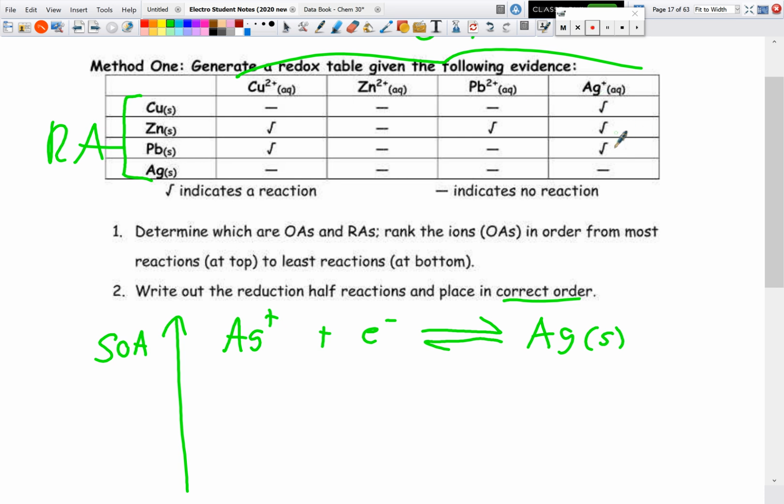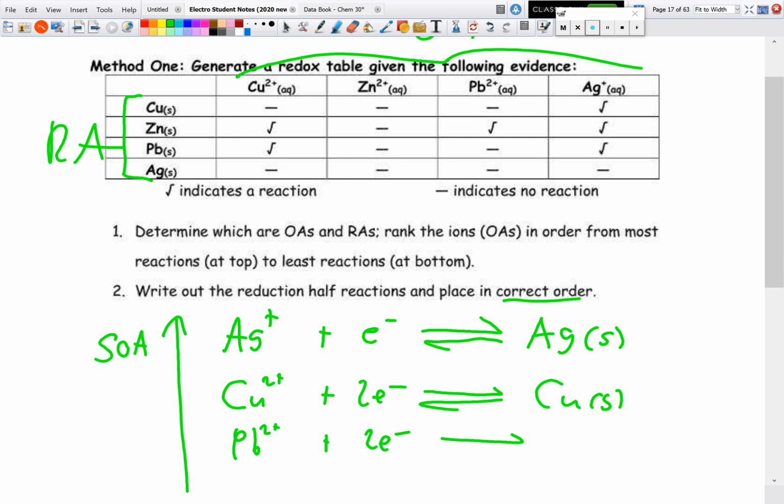The one that reacts second most is my Cu2+, so it is the second strongest. Then our third strongest is my Pb2+. And finally, the one that didn't react at all, my Zn2+, must be my weakest oxidizing agent.